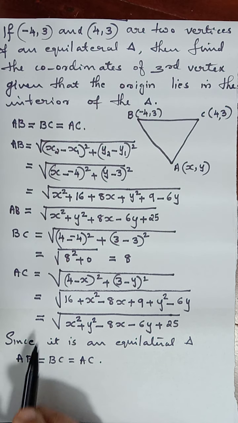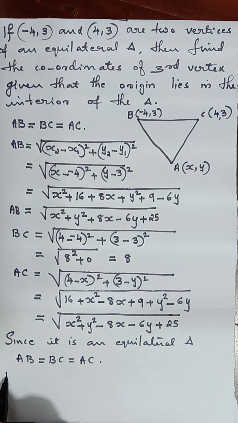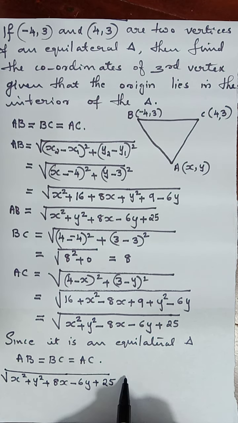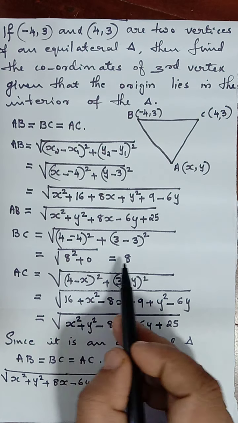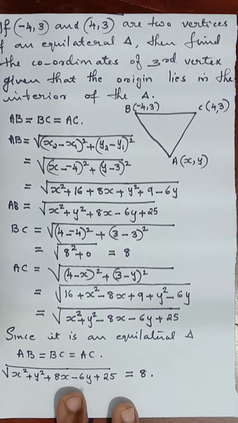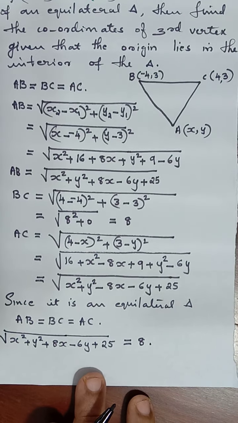AB is equal to BC. So here AB is square root of x square plus y square plus 8x minus 6y plus 25. That's equal to BC, we have 8. So when we remove the root, you will be getting the values.